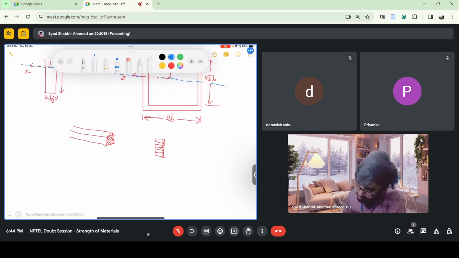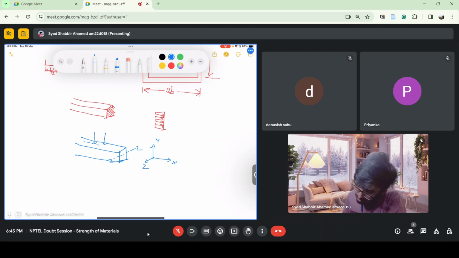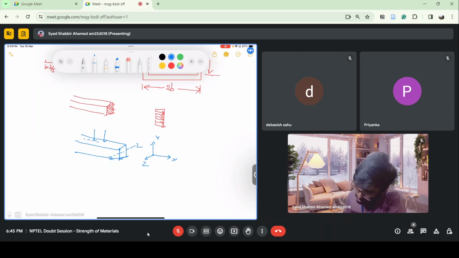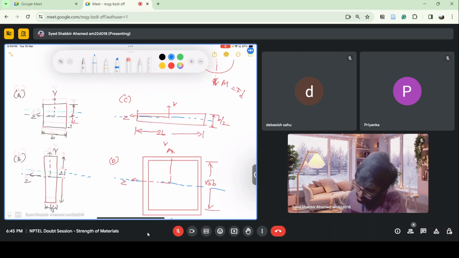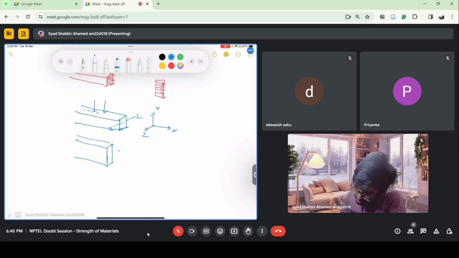Let's say this is my beam, and this is my cross section, and I apply load in this. This is x, this is y, this is z direction, and this is my cross section. So obviously this will bend about the z-axis. If I have a square cross section, it will look like this. If I have a rectangular cross section, this will look like this.